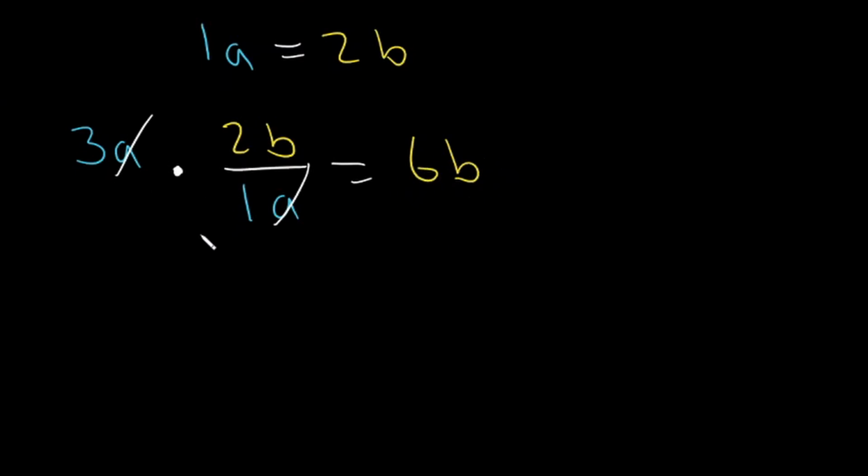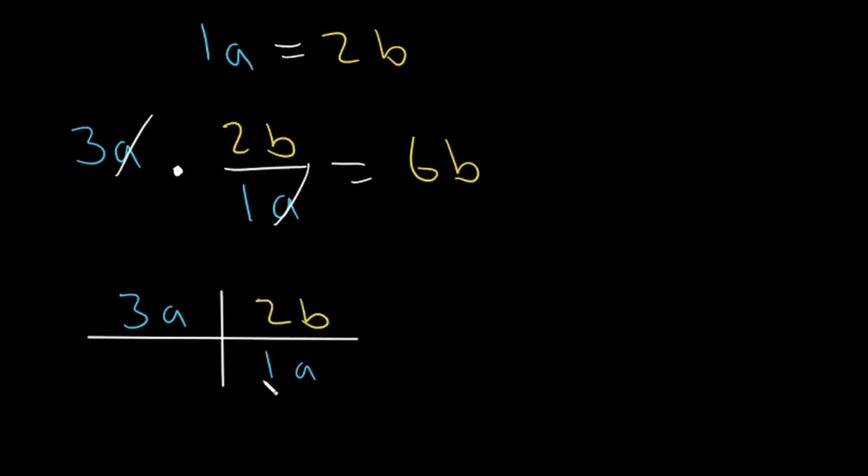And I wrote it like this, but the way I learned it, instead of writing it as multiplying a fraction, I would write it as like this little table thing. And then you would have your 3A and your 1A down there, and then the 2B. This is just a different way of writing it. It doesn't actually change what we're doing here, so just use whichever one helps you solve the problem.